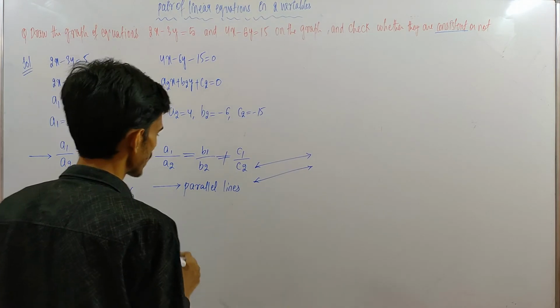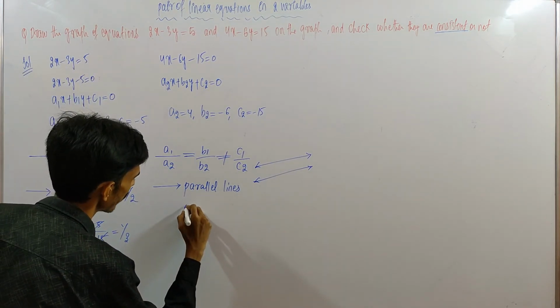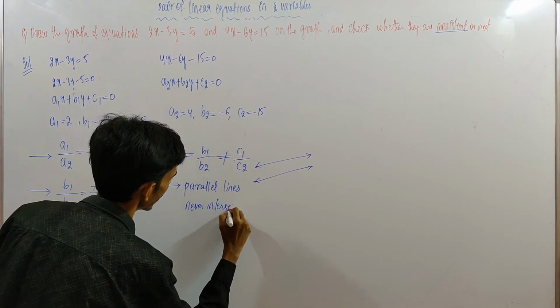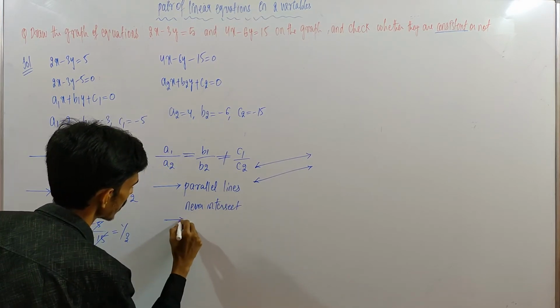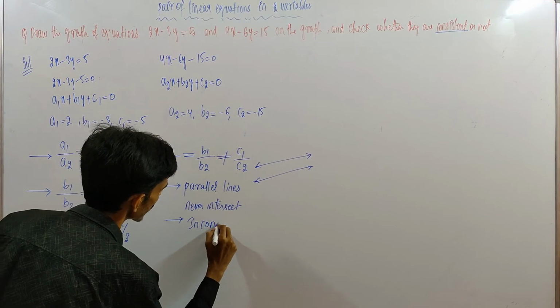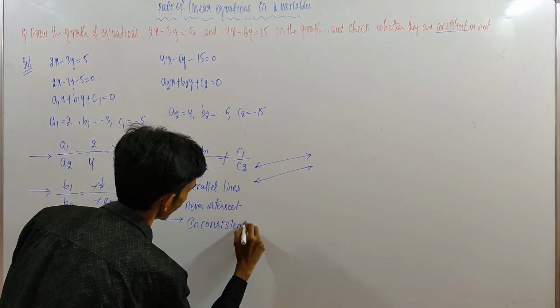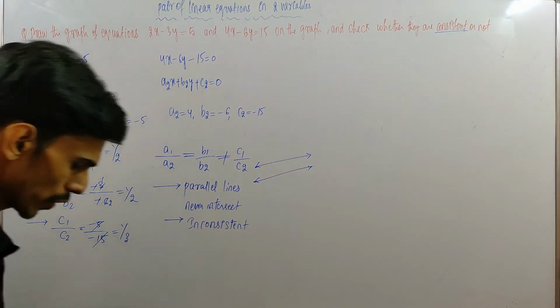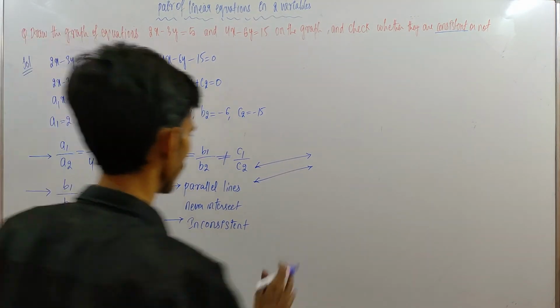Parallel lines never intersect, so they never intersect. That is inconsistent. We won't get any solution for parallel lines. Let us draw and verify it.